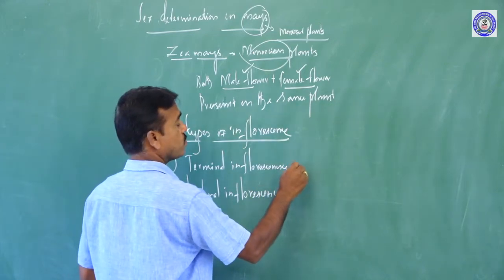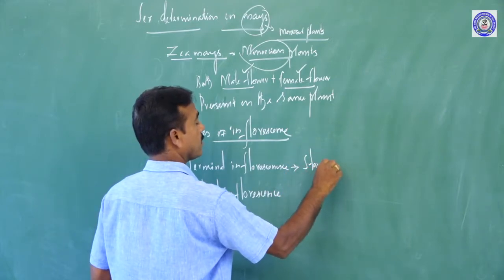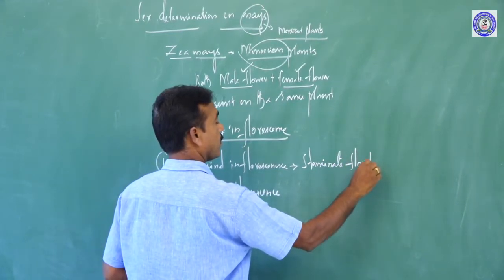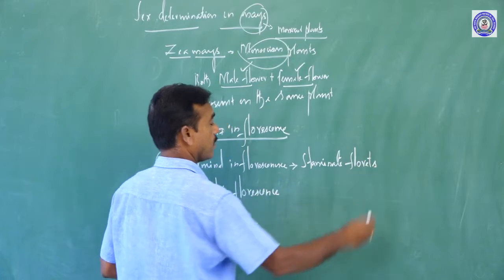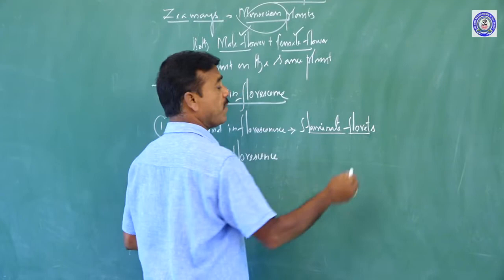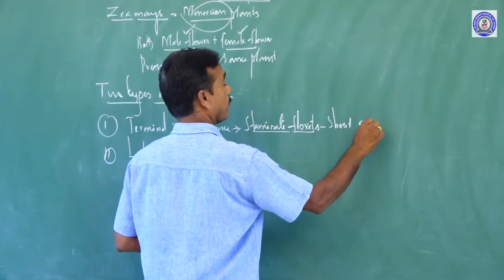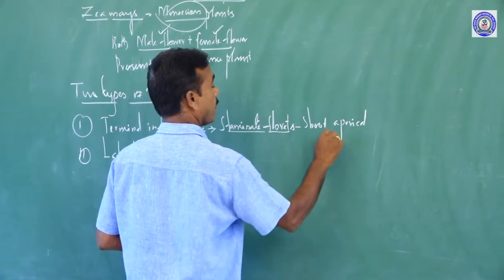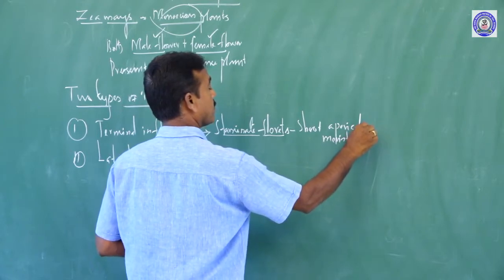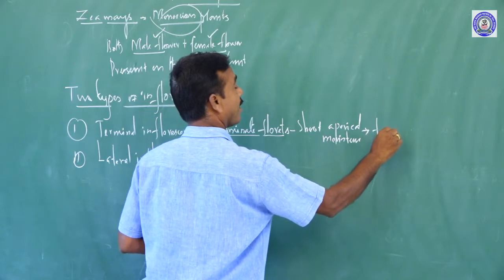The terminal inflorescence bears staminate flowers, developing from the shoot apical meristem. Such a flower is also known as the tassel.